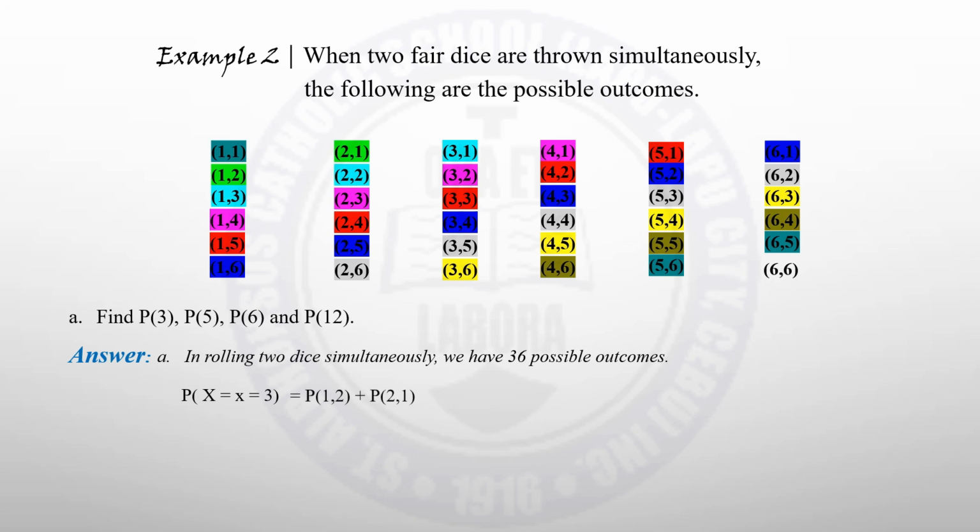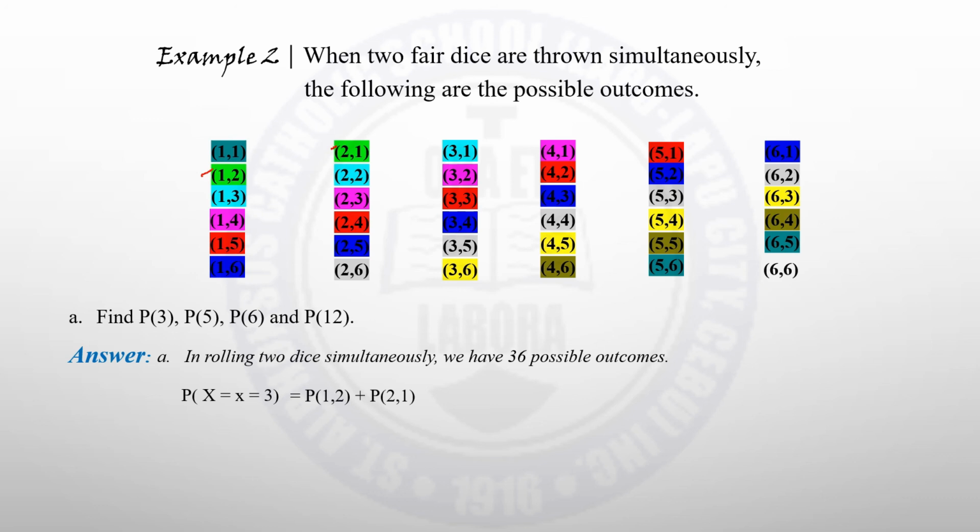Okay, equals, so we have (1, 2) and (2, 1). Why do we have that? Because if we add 1 and 2, and 2 and 1, the answer would be 3. Do we still have other possible outcomes whose sum is 3? There are none already.